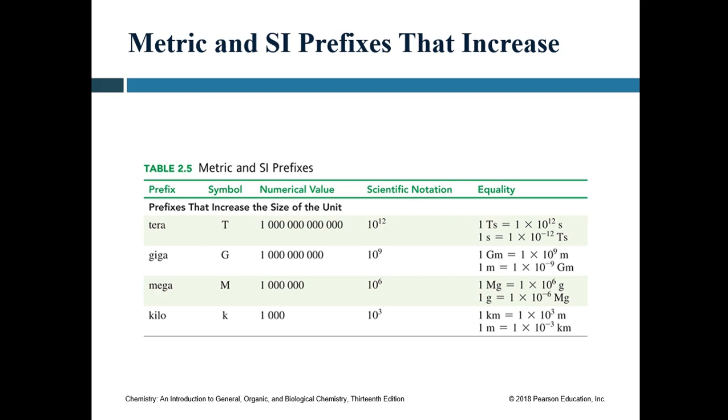Now in table 2.5, let's look at some prefixes that, because you have computers, you might know. You've heard of a terabyte or a gigabyte or a megabyte, and a long time ago when computers were first starting out, we were talking about kilobytes. Those prefixes mean something more than just bytes.